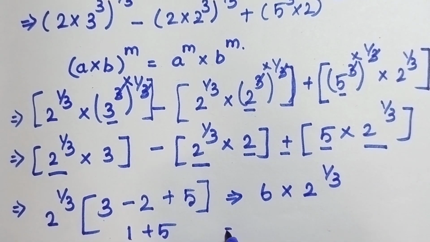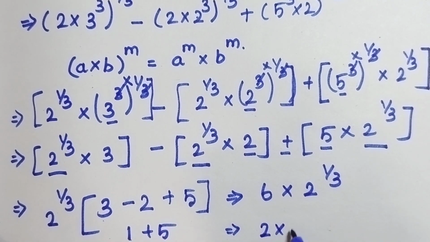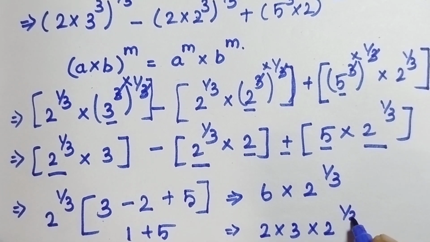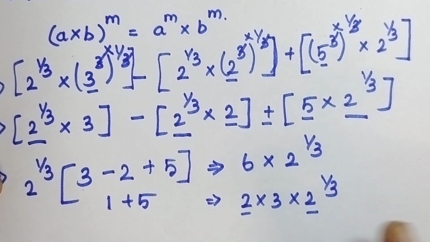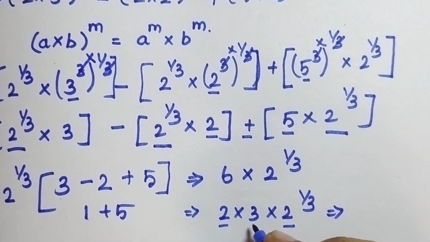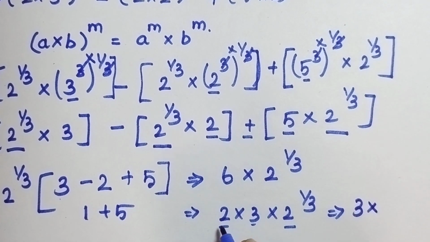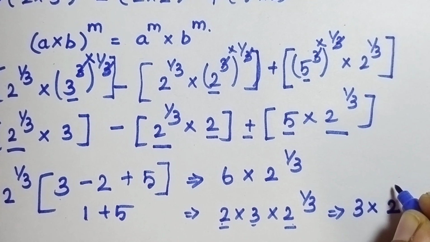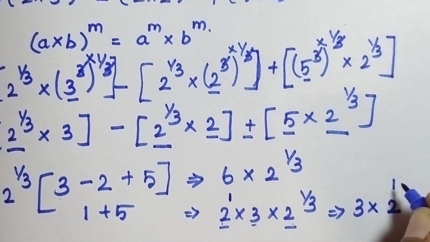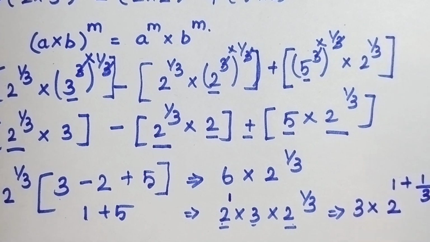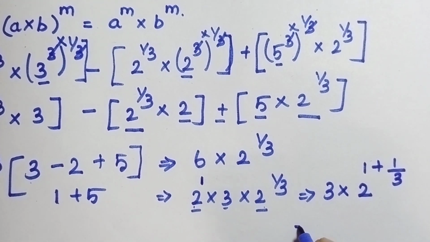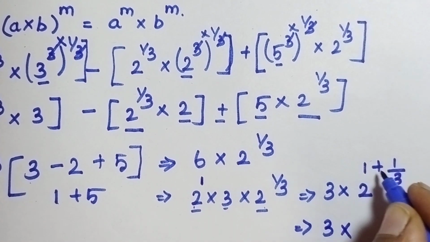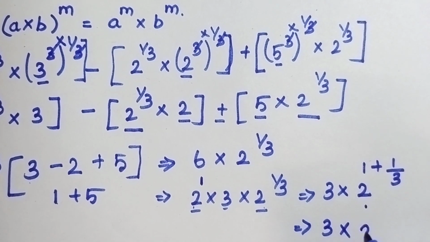This 6 can be written as 2 into 3 into 2 power 1 by 3. If we see here, we have two 2 terms. I'm going to write this 3 as it is. The base is the same, so the powers get added. Therefore 2 power 1, plus 1 by 3. So 3 into 2 power 1 plus 1 by 3, that is 2 power 4 by 3.